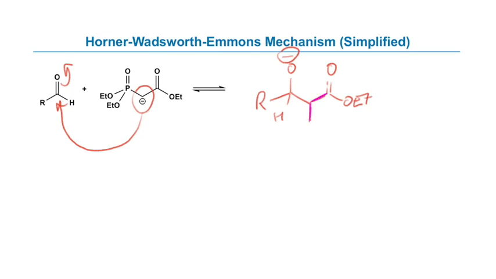So this is my nucleophilic fragment at that center, O ethyl. And then over here, we've got our PO. So in this first intermediate, we're doing the same kind of addition to form our phosphonate.